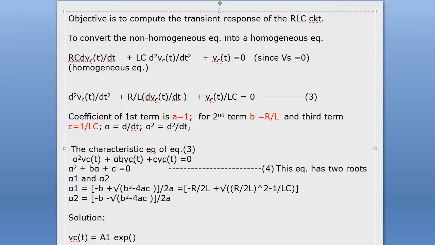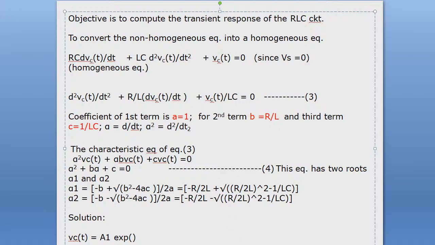Everyone compare your solution with this solution. Ultimately you will get alpha 1 equal to minus r by 2l plus square root of r by 2l whole square minus 1 by LC. Similarly alpha 2 you will get by copying this part and changing the sign, so this will be minus.